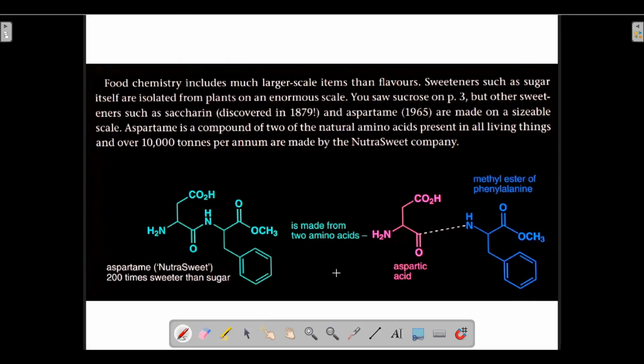So aspartic acid is joined like this to the methyl ester of phenylalanine. Why methyl ester? Because in phenylalanine there is H over here, but in the methyl ester of phenylalanine a CH3 group is there. The nitrogen has been attached to this particular carbon of aspartic acid, and this is how aspartame is formed.